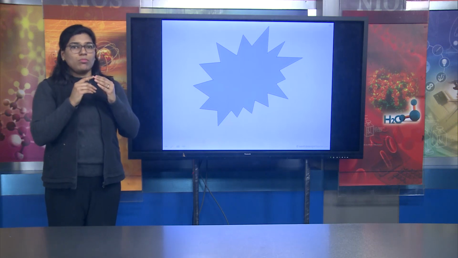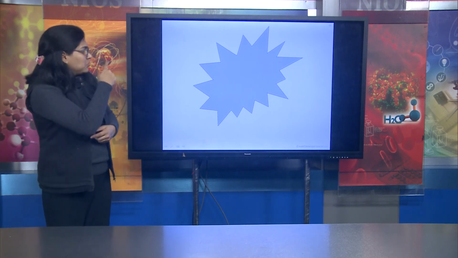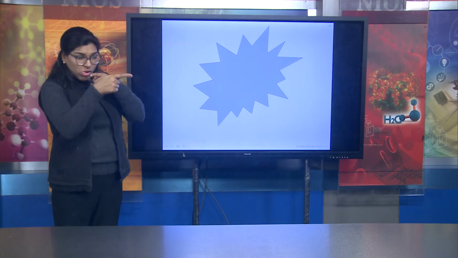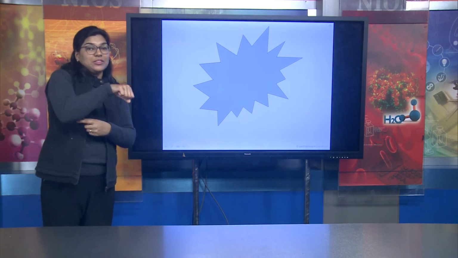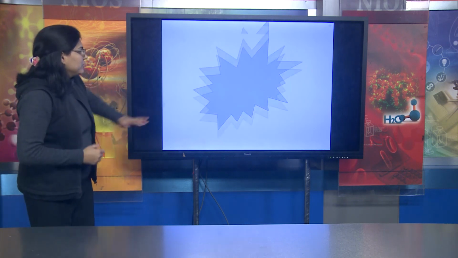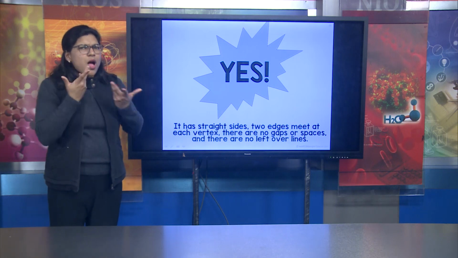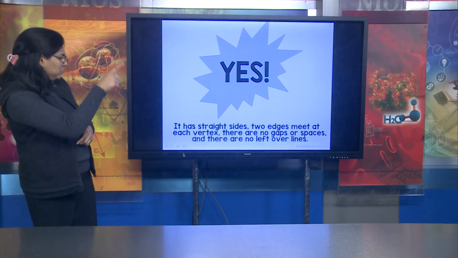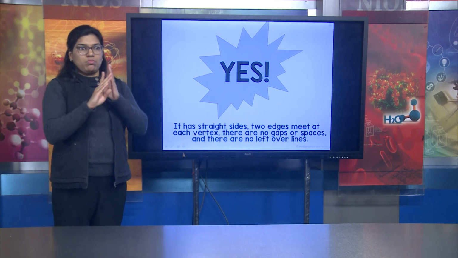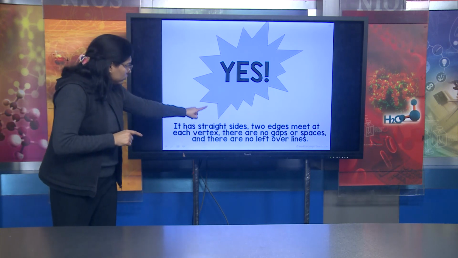What do you think about this image? Is it a polygon? Yes or no? Does it have straight lines or curved lines? Let us see the answer. Yes. How can you say that it is a polygon? See, it has straight lines.